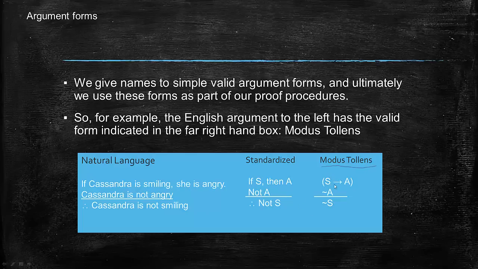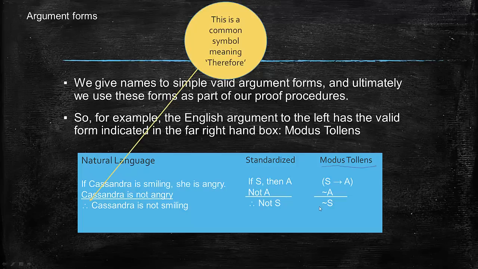This says, if S, then A, not A, therefore not S. And we use modus tollens as a rule in our proofs. By the way, this little symbol, I won't be using it much, but it occurs in the book, is just one of the common ways of writing therefore in a symbol.